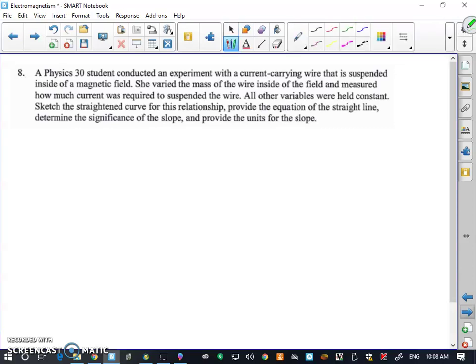All right, the key idea here is that in the experiment, the wire is suspended inside a magnetic field. That means that there's two forces that are balanced: the force due to gravity and the magnetic force. Now, the equation for the magnetic force, as you've seen a few times in the past here, L perpendicular times I times B, okay?